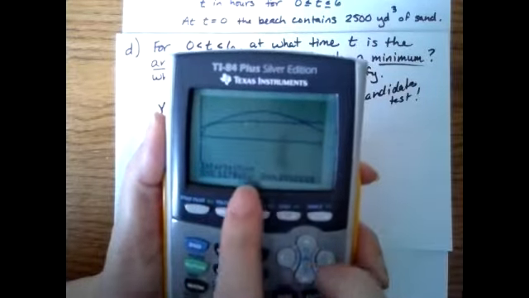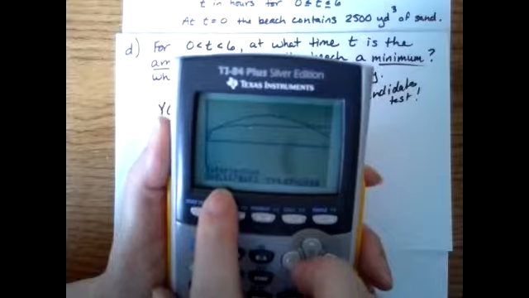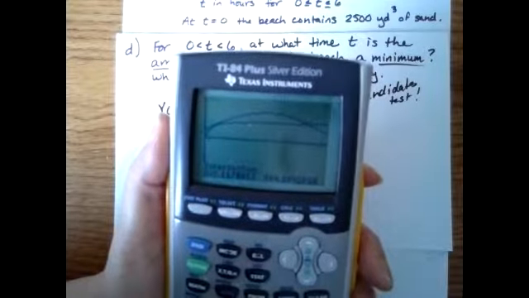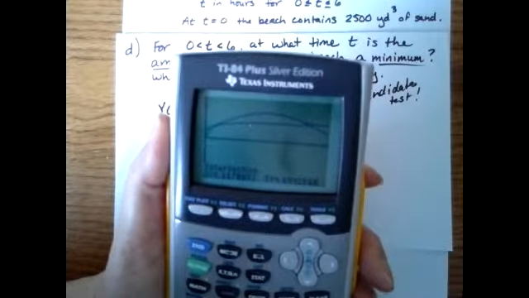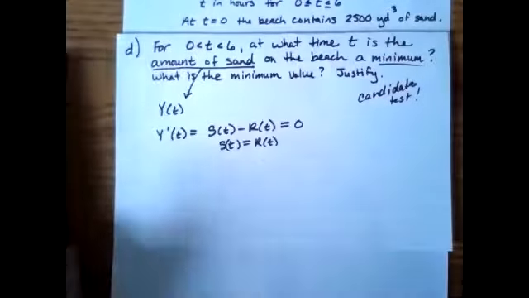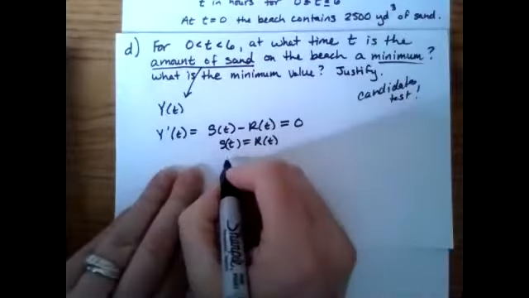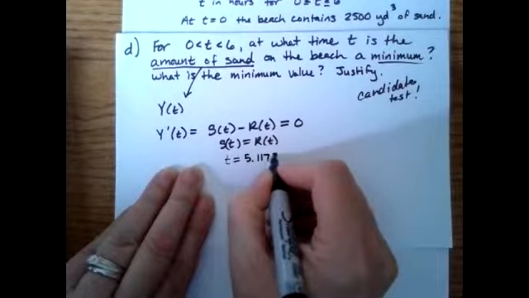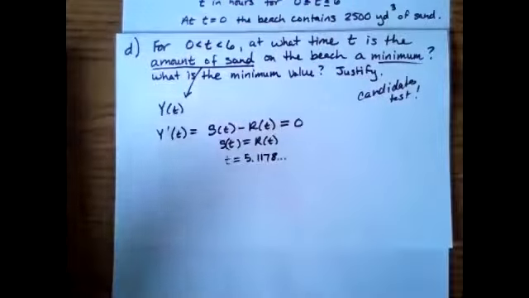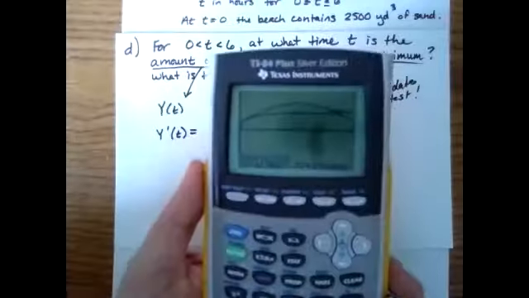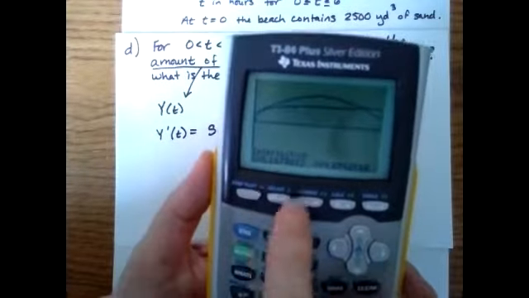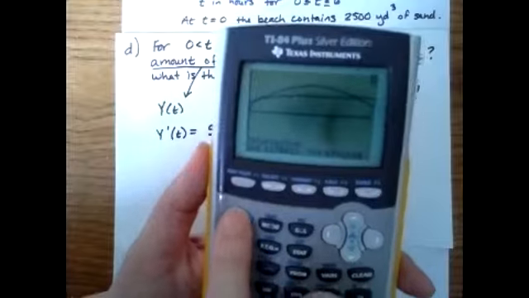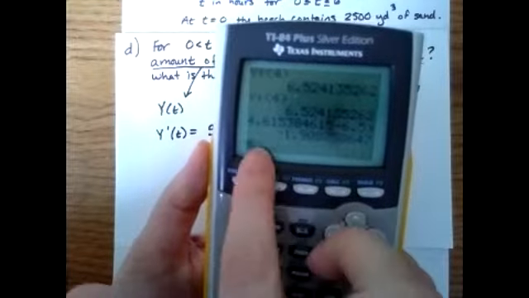So if you got the same thing I've got, my intersection is reading off at 5.11786 and some change. Let's take a minute to jot that down. Now, before you do anything else, I want to store it. Do a second quit right here and exit back to the home screen.